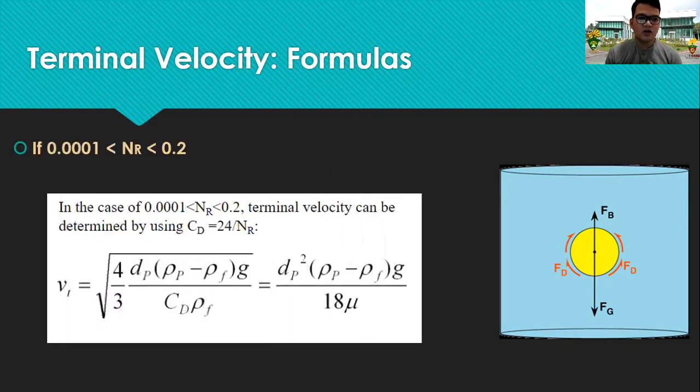As I said earlier, we can identify the type of flow if we know the Reynolds number. If the Reynolds number is from 0.0001 to 0.2, then the terminal velocity can be determined using this equation.